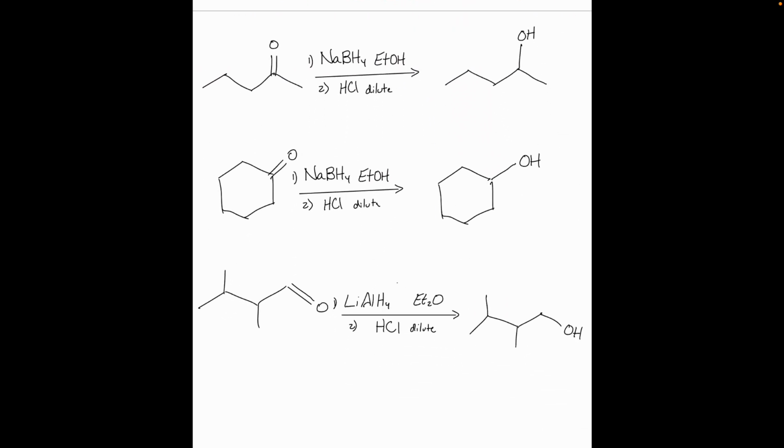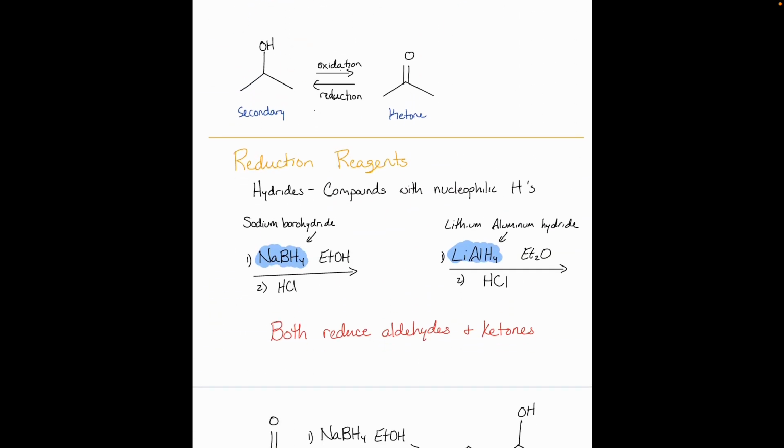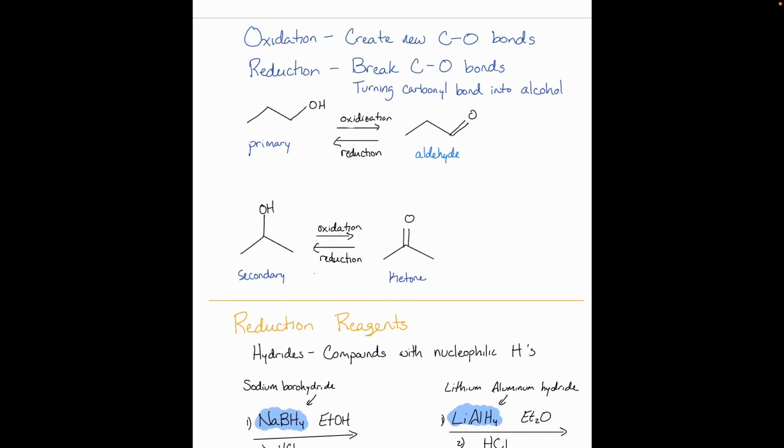So sorry, just to go back to our products here. Okay, so the first new set of reactions that we're going to learn about with aldehydes and ketones aren't too bad because it's the opposite of these oxidation reactions that we learned about before. These are these reduction reactions going the other direction.